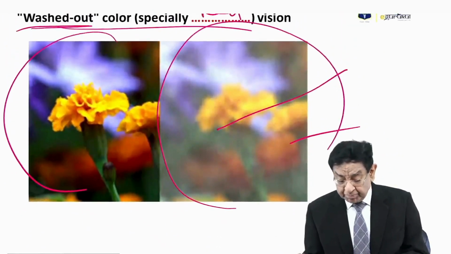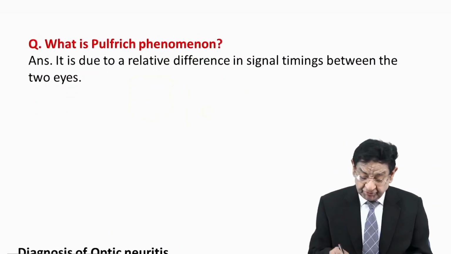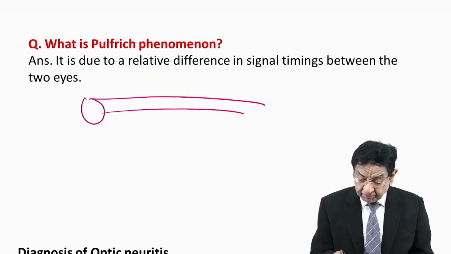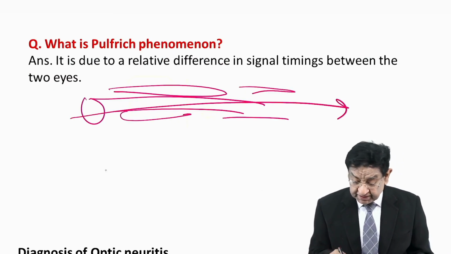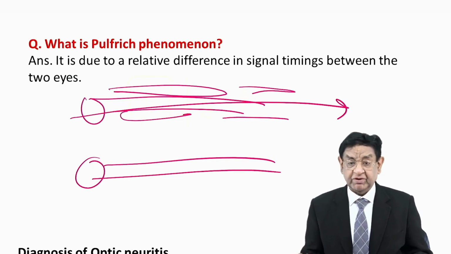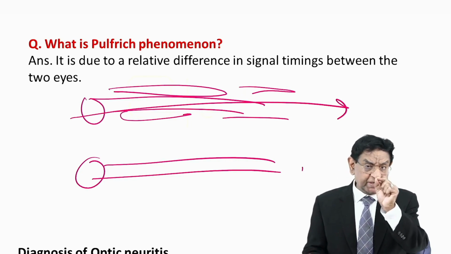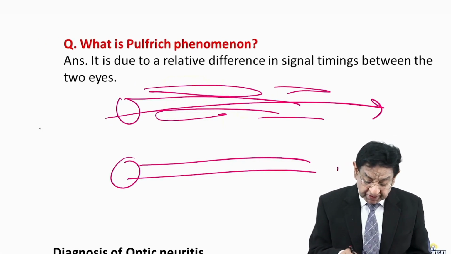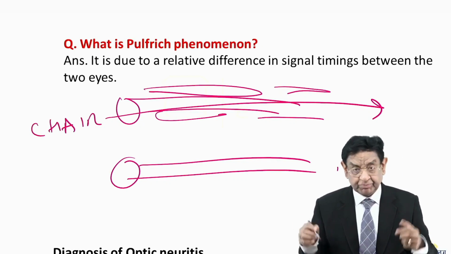Now I asked you about Pulfrich phenomenon. Well, what I discussed was, we have two optic nerves, one with the myelin sheath. Here the impulse goes very fast. The other is the nerve without any myelin sheath. Here it will go very slowly. It means the patient is watching, maybe there is a chair, by both the eyes.